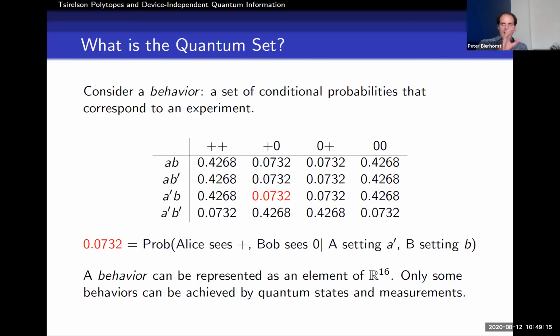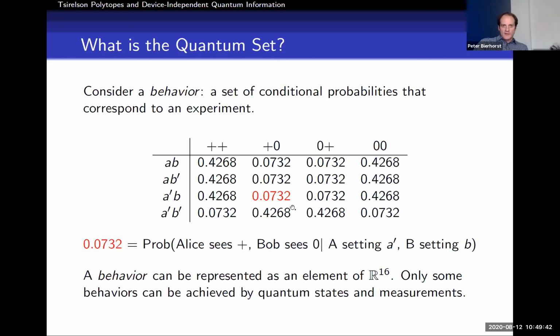But in a more abstract sense, Alice has some measuring device that can have two settings on it. We call those two settings A and A prime. Then Alice either sees a click or she doesn't. It's a dichotomous measurement. We'll call seeing something plus, and not seeing something 0.